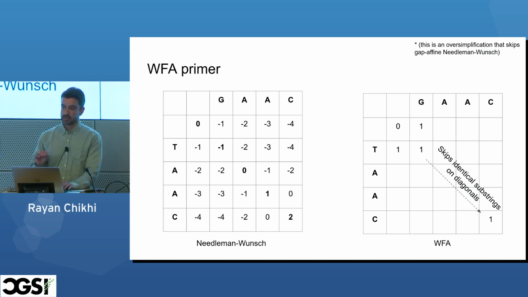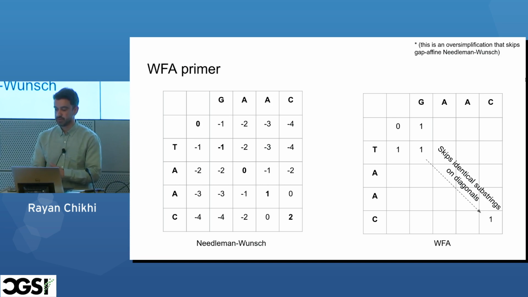So this optimization allows to fill in the matrix much faster by focusing on diagonals instead of focusing on all cells of the matrix. And you can kind of see now that with this strategy, the complexity of the algorithm will no longer be dependent on the length of the two sequences, but on the similarity of the two sequences.